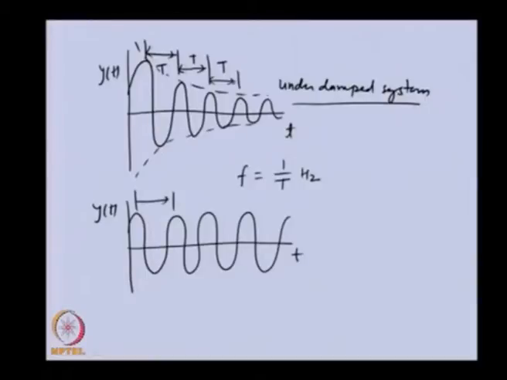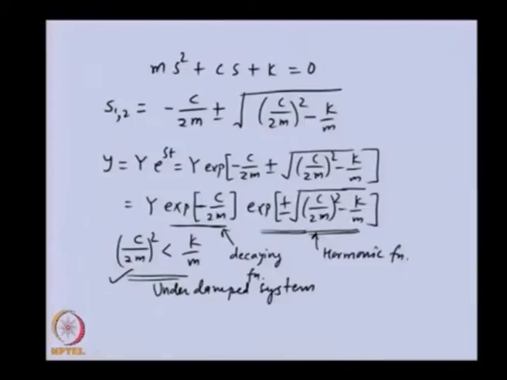This time period will always be the same, which is related to the natural frequency of the system. In the previous case, if this particular condition is equal, that means we have c by 2m whole square equal to k by m, we call it a critically damped system.